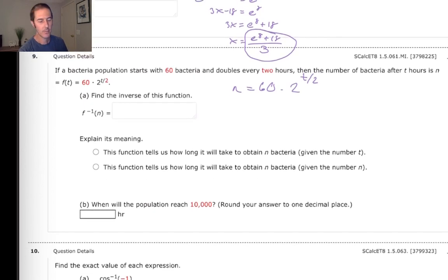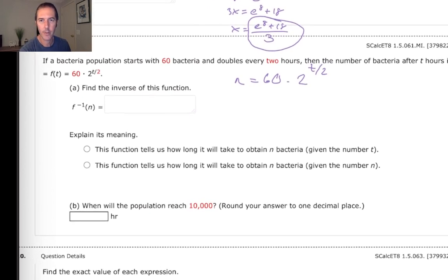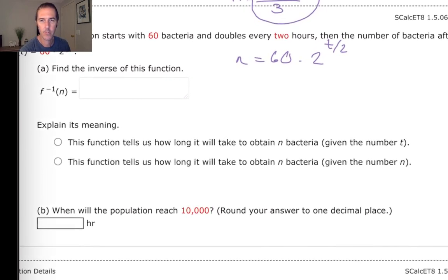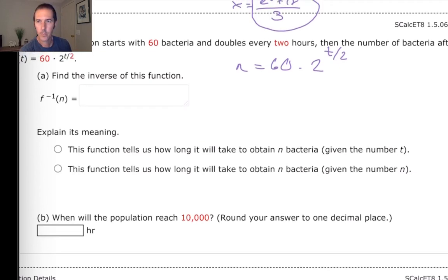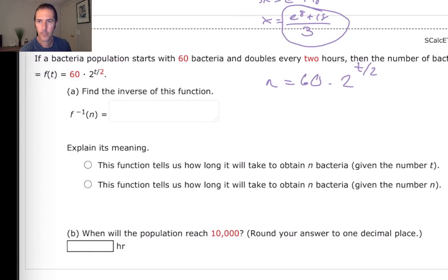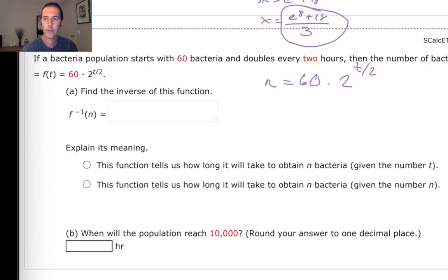Explain the meaning. This we can talk about without having found the inverse function. What the original function, f of t, does is we put in an amount of time and it gives us out a number of bacteria.